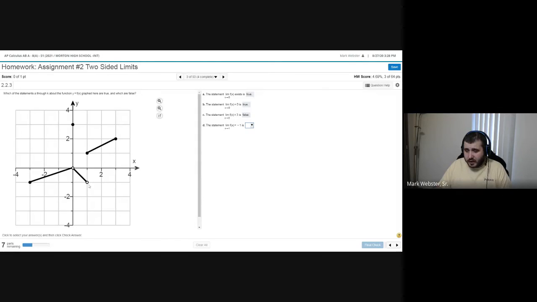No, this one does, but in order for a limit to exist, they have to meet. They have to come to the same spot. Here, they don't. The left-hand limit is good, but the right-hand limit doesn't go to that spot. So we know that that's not true. Same thing here. It doesn't go to 1 either. The right-hand limit goes to 1. The left-hand limit doesn't. So that doesn't work.